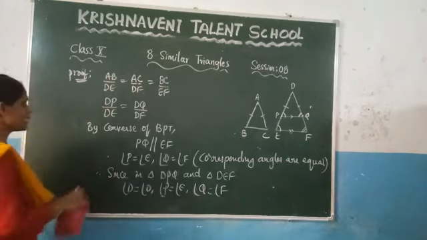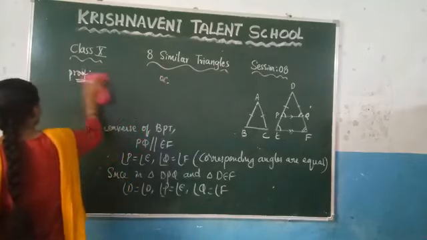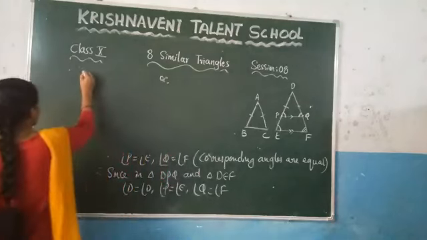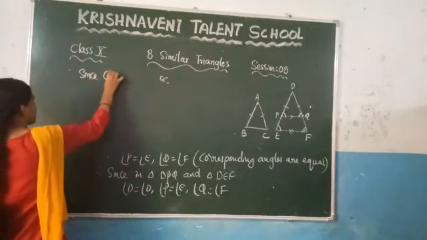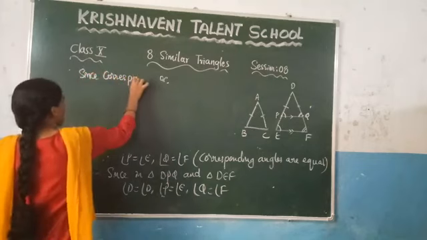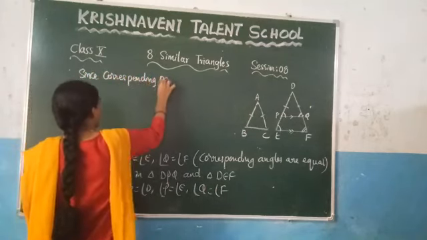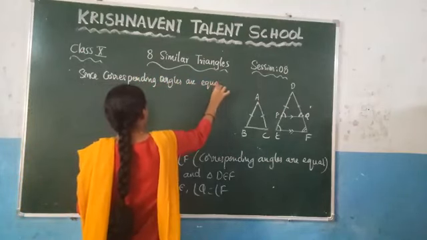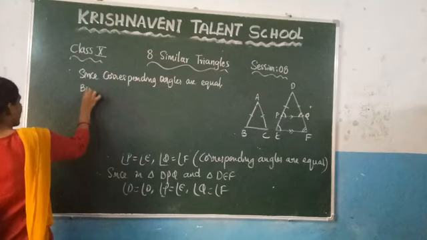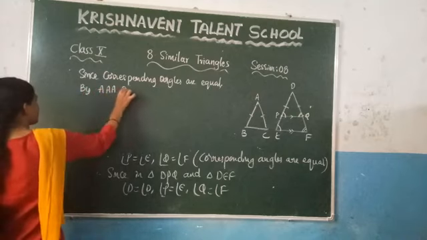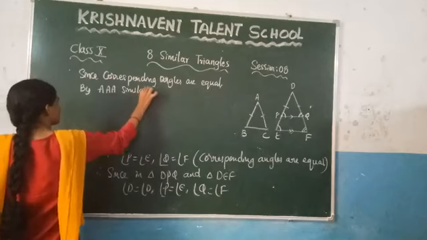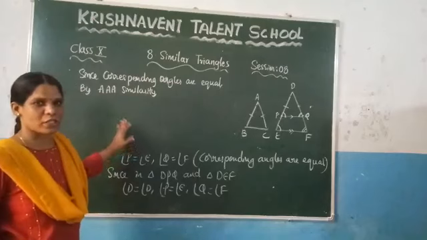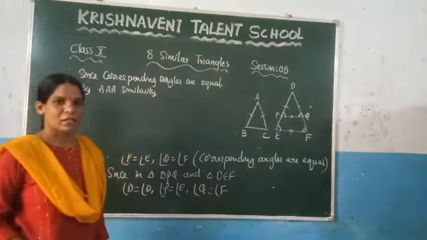Write it here: since corresponding angles are equal, therefore by angle similarity, what we can say is that the corresponding sides are also proportional, so those two triangles are similar.